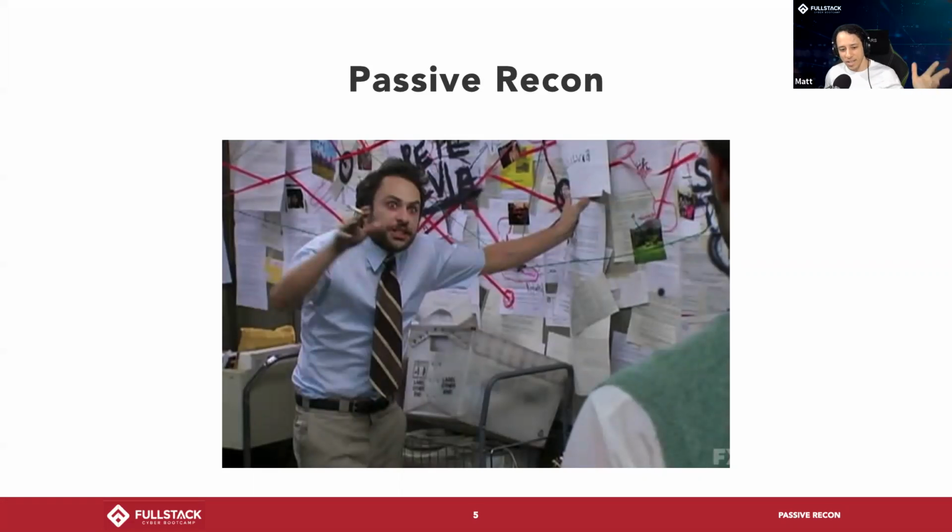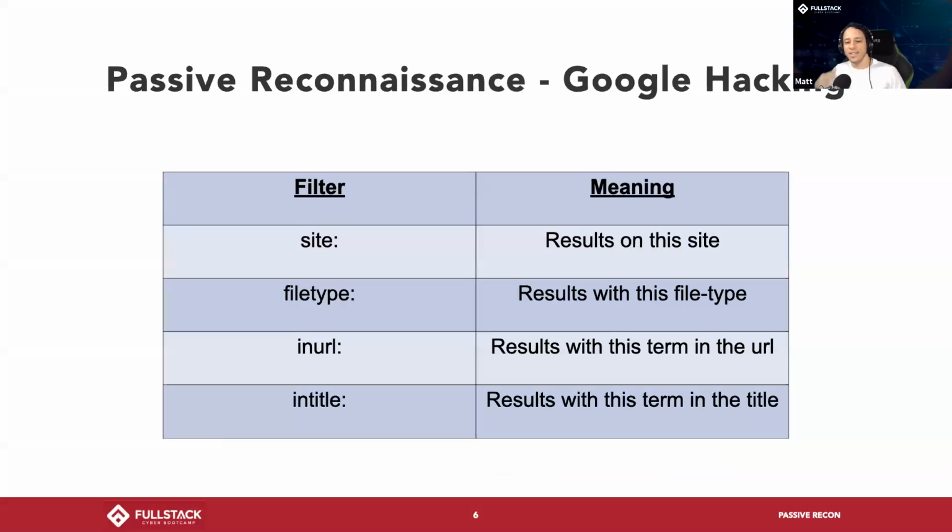So let's take a look at the first tool I want you to be familiar with and upgrade your skill on, and that is Google. This is called Google hacking. You'll sometimes see this called Google dorking. It's being particularly clever with your search operators. We already know you could just type your questions into Google, hit enter and find things, but you could also look for more specific things by adding these filters.